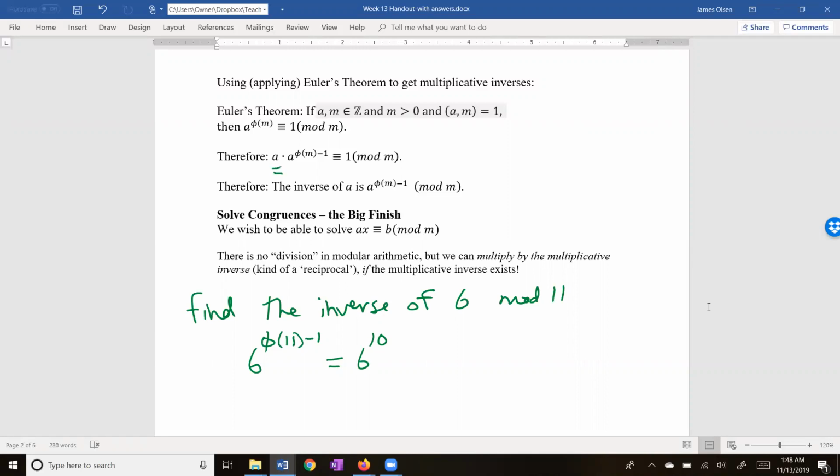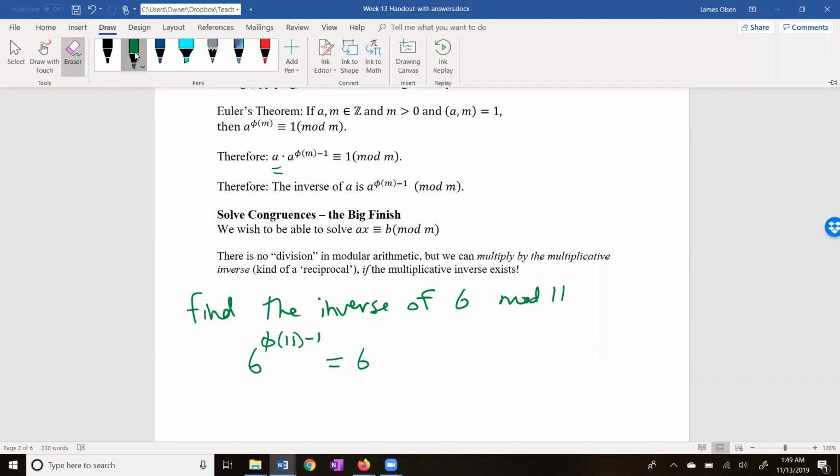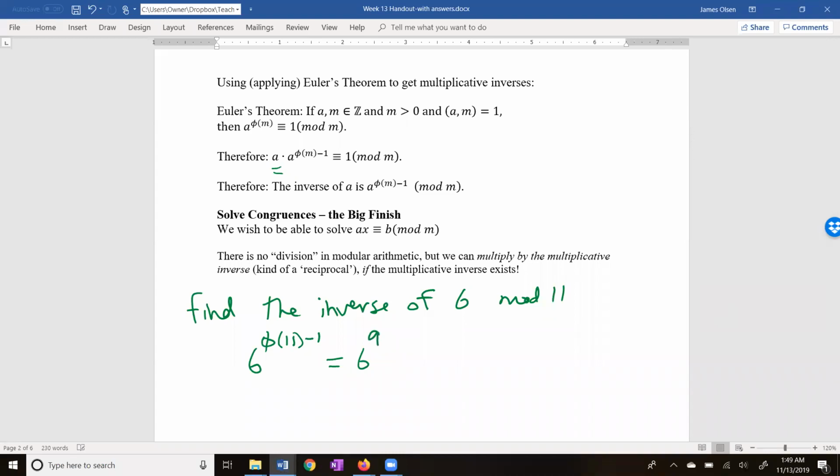So I'm going to jump over to Desmos and see what we get. Phi of 11 is 10, and 10 minus 1 is 9, so I need to take 6 to the 9th power.